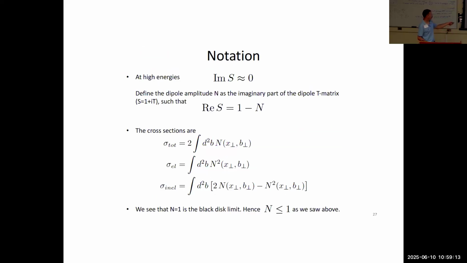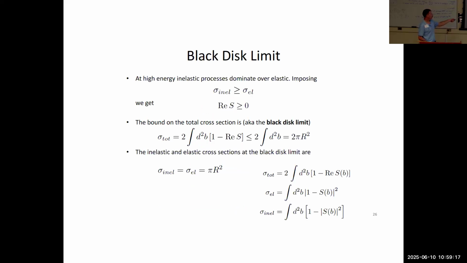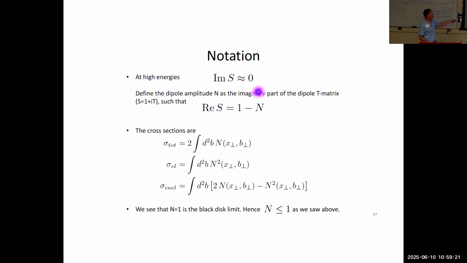But the point is that, remember, I just said the real part of S is greater than or equal to 0. That means N cannot exceed 1. If N exceeds 1, your S matrix becomes negative, so you violate unitarity. You violate the black disk.